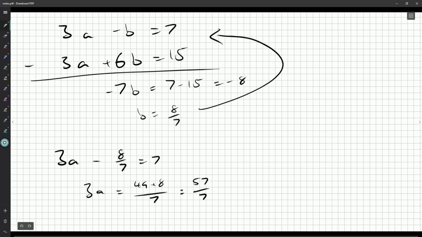Divide by 3, and 57 divides evenly, giving 19. So a is 19 sevenths, b is 8 sevenths.